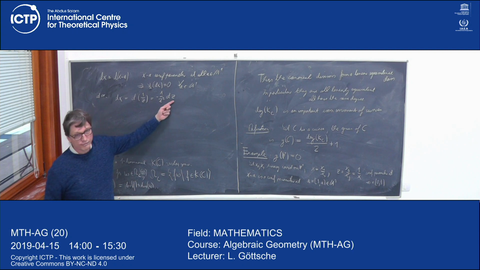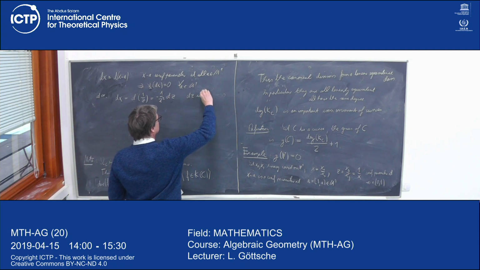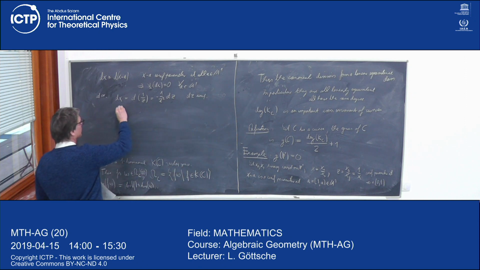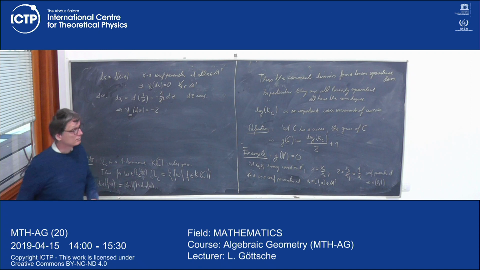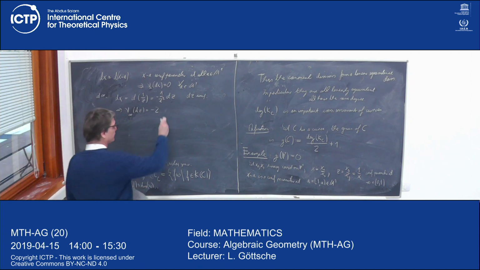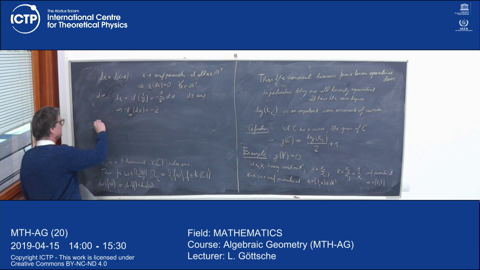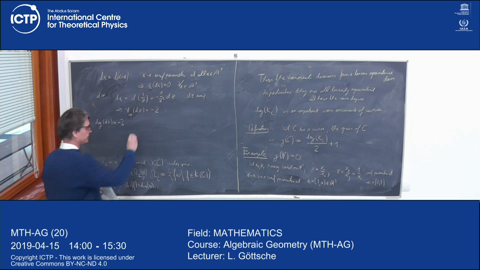And dz is a uniformizing parameter. So it follows that nu_infinity of dx is minus 2. So we have a pole of order 2. And so thus the degree of dx is equal to minus 2, and so the genus is 0.